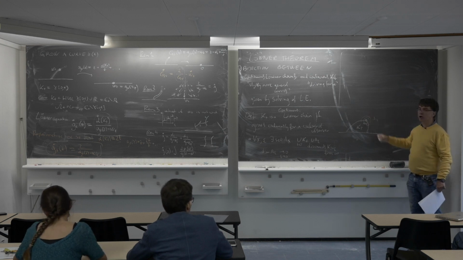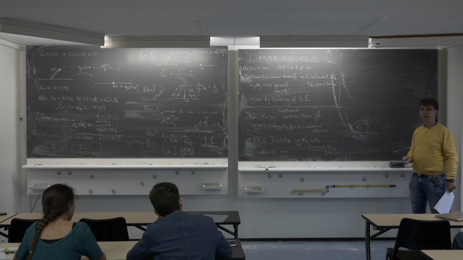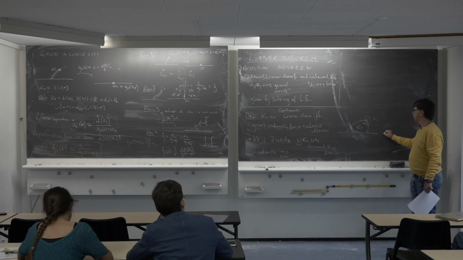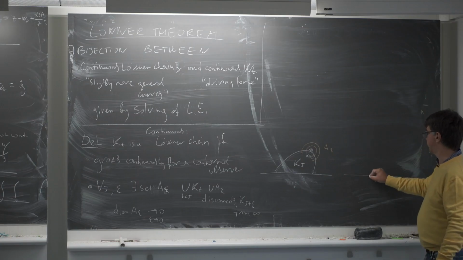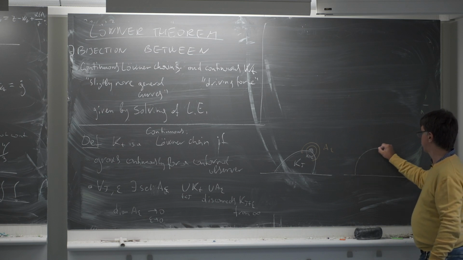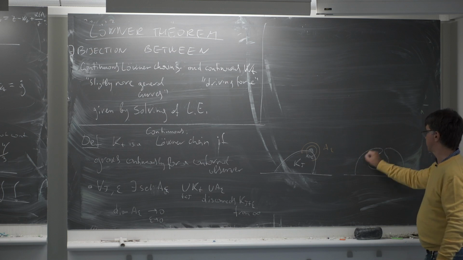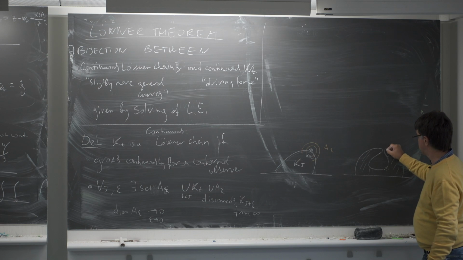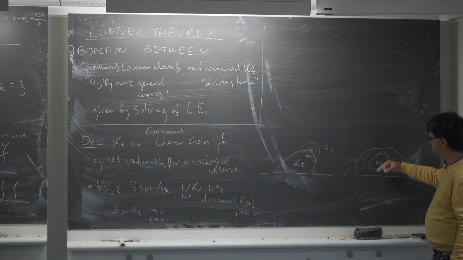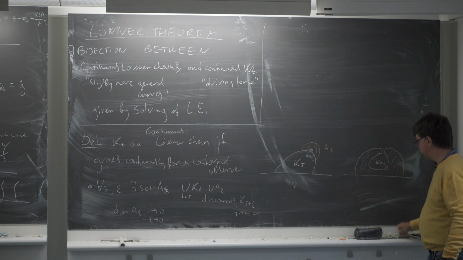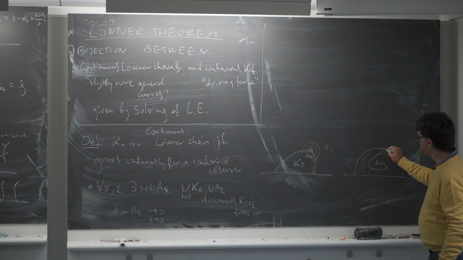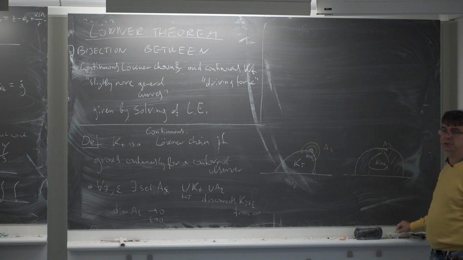It doesn't mean that K_{tau+epsilon} is small. For example, I have grown something which goes like this. So in epsilon time, I add a very, very big thing, but I can cut it off by a very small set A_epsilon.